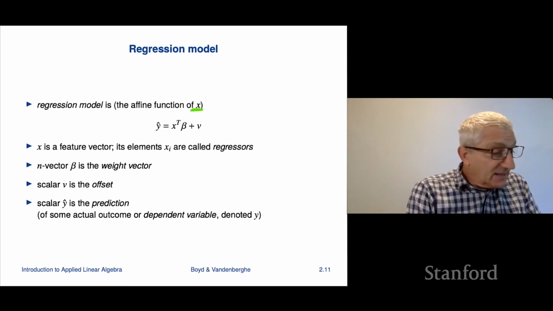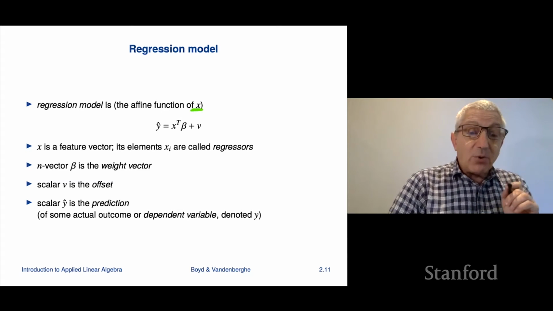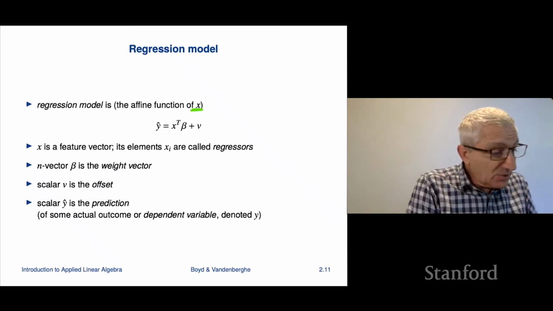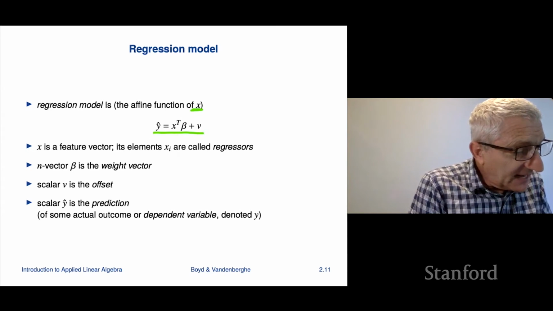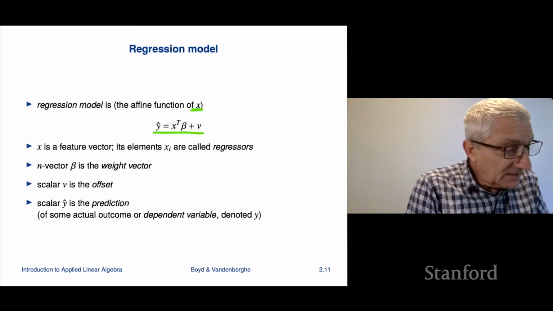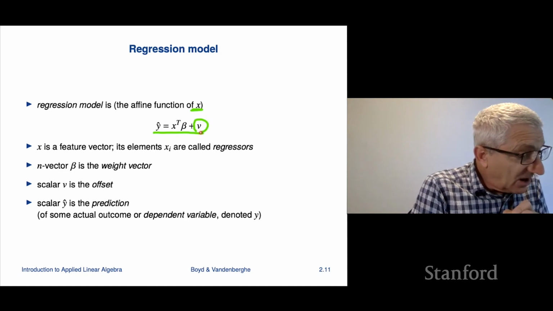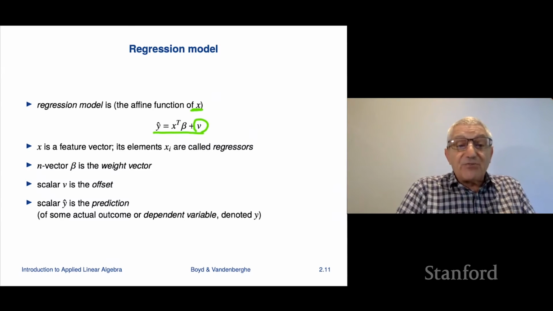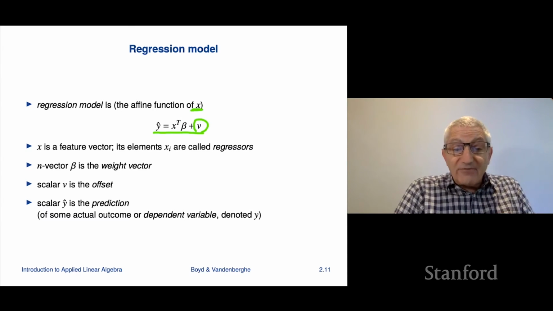Okay? And so what we have is a model, or a regression model is like a prediction model. And here's what it is. It's actually relatively straightforward. The prediction is an offset v, that's called the offset, plus an inner product of the feature vector with a weight vector or coefficient vector beta.